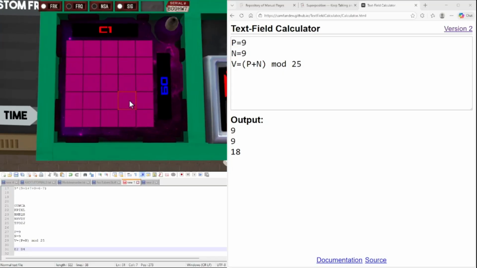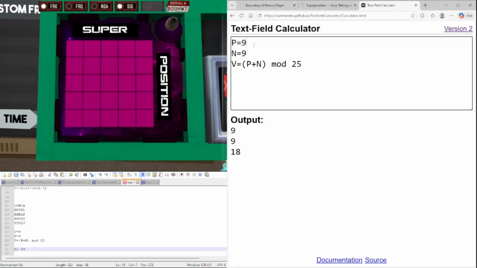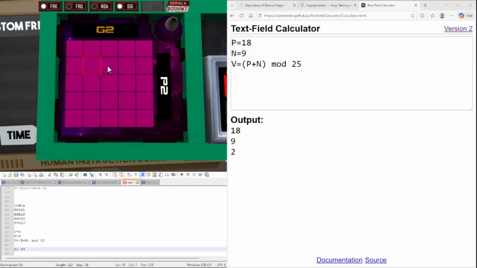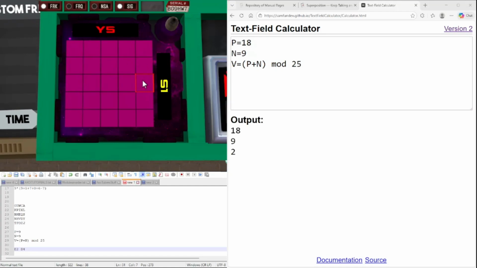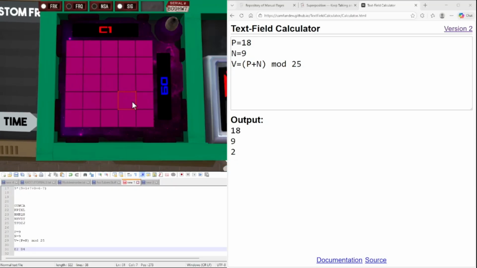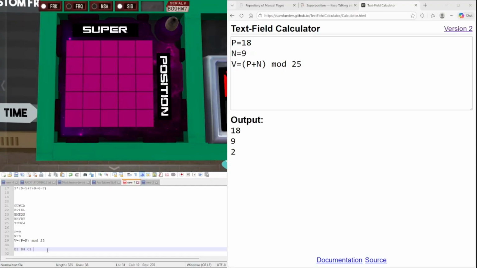That will be 9 again. So it is 9, this is 20. Counting up through 18, yeah. So 18 and 9 would be 20, 1, 2, so C1.